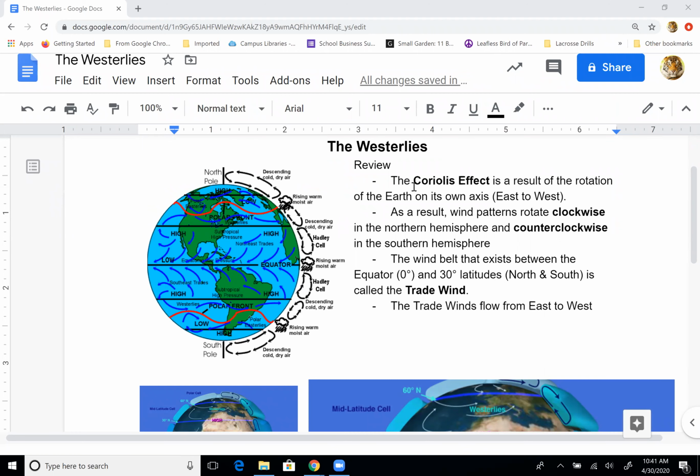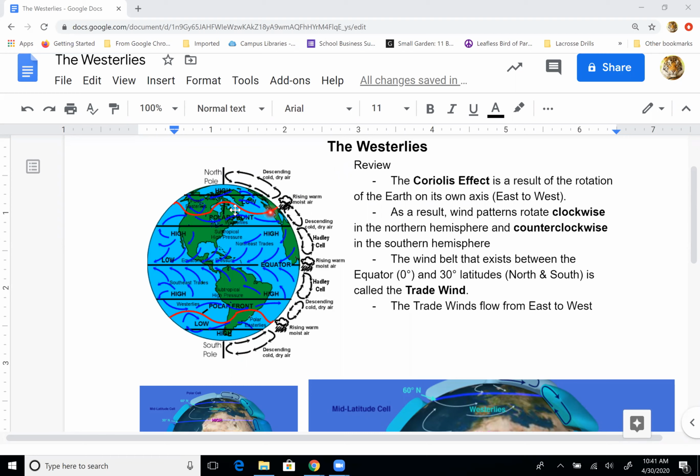The last thing we studied was something called the Coriolis effect, which is a result of the Earth rotating. Because the Earth rotates, around the center there's more rotation, so the center rotates faster than the poles, and because of this you have this rotational pattern.